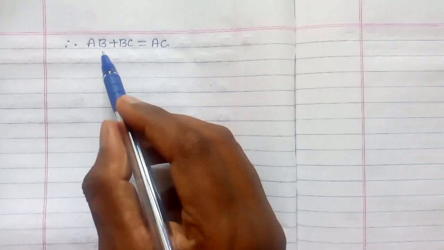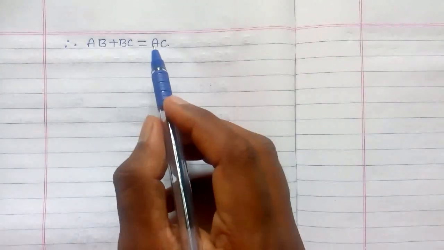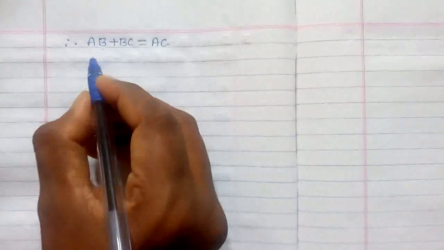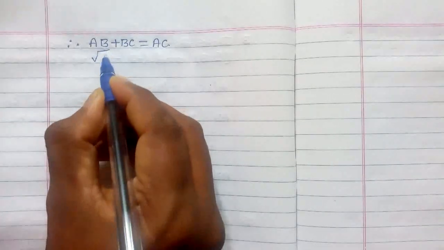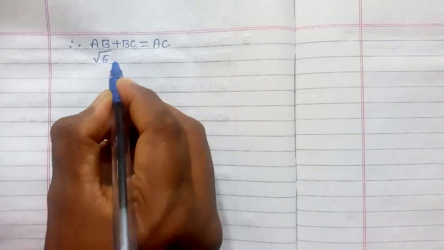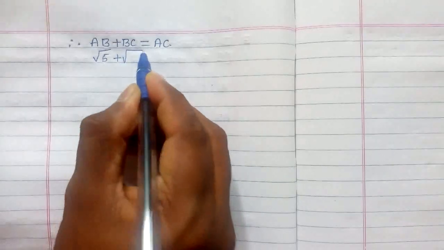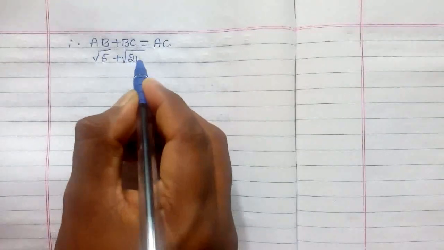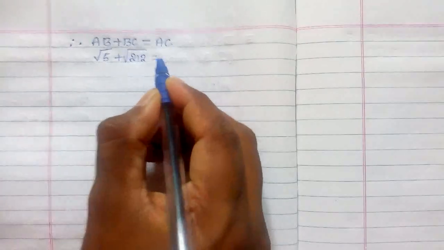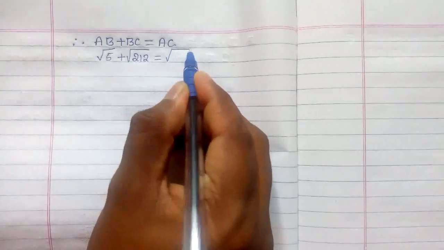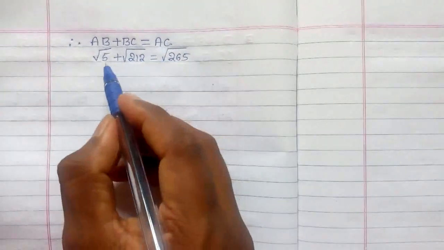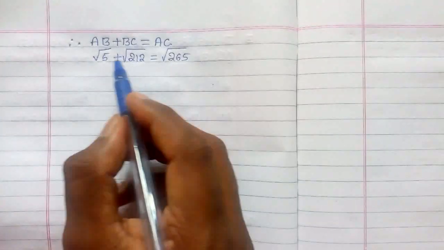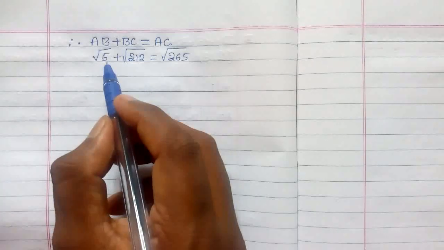Now here AB plus BC should equal AC. The distance of AB is square root of 5 plus the distance of BC is square root of 212, and the distance of AC is square root of 265. These terms are unlike surds, and unlike surds cannot be added or subtracted.